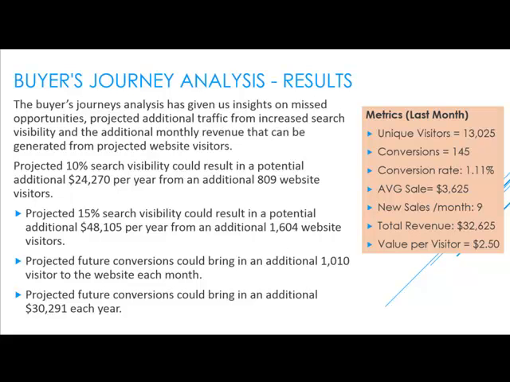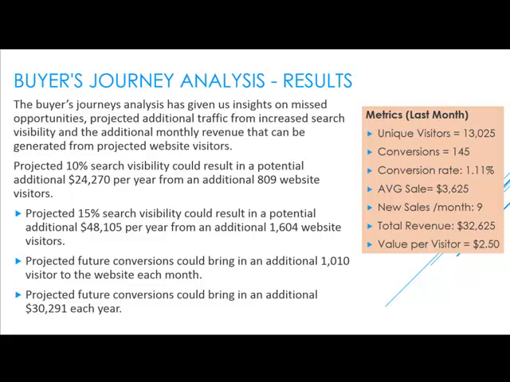On the right again are those metrics from last month, just so you have them for reference. The projected 10% search visibility could result in a potential additional $24,000 per year from those additional 809 visitors. Those additional visits would really help out with generating additional revenue.